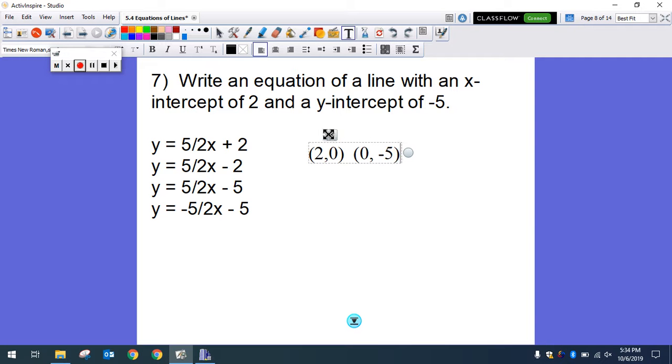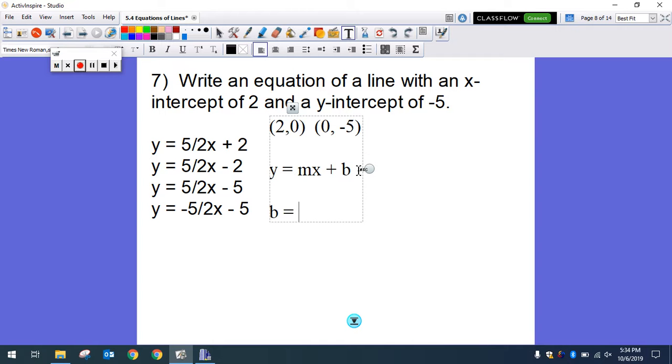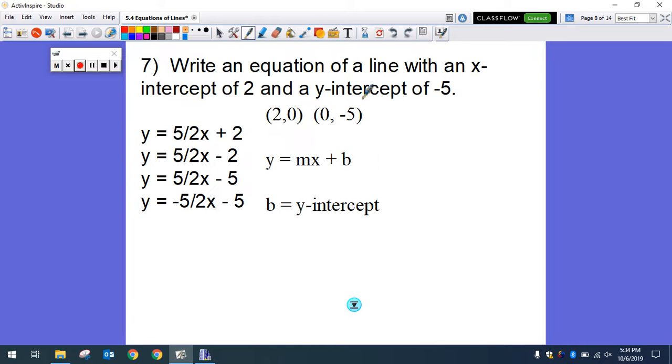Again, you need to know this because now I have made it into a problem just like the problem I just did. Another way I'd like for you to think about this, let's go back to y equals mx plus b. What did b mean? B was your y-intercept. Well, look, it tells you your y-intercept. It says your y-intercept is negative 5.